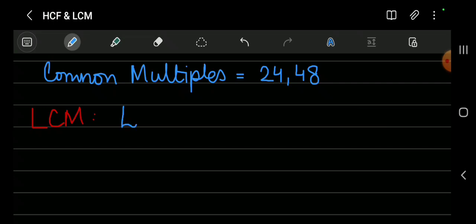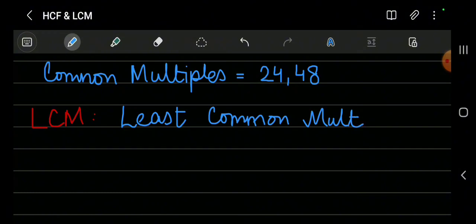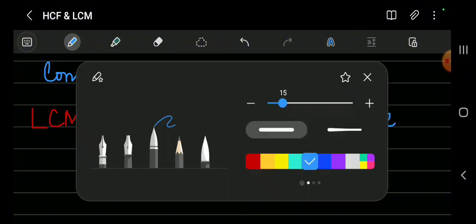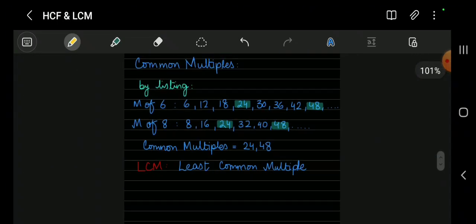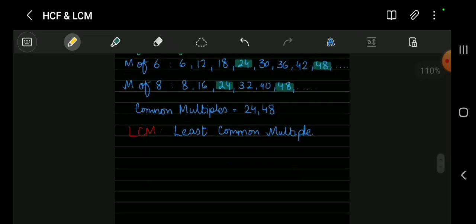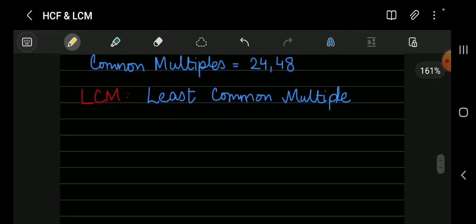So LCM is actually the abbreviation of least common multiple. Okay, and what is it, least common multiple? How do we get it? I'll write its definition later. How do we find it?